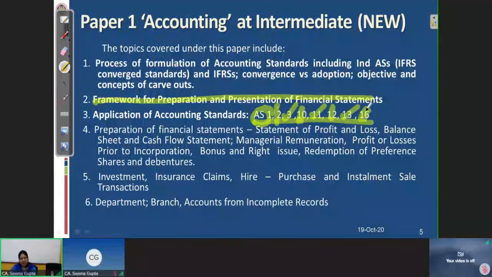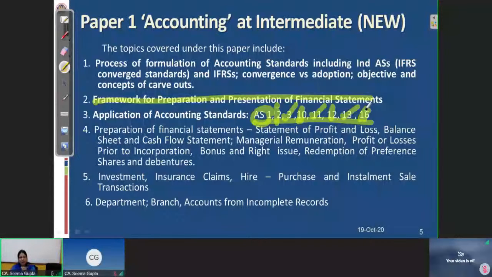Preparation of financial statements, as you know, we have 2 types of entities covered in the paper 1 syllabus, corporate and non-corporate. In corporate accounting we have a complete chapter, and there we have a full-fledged question of 16 or 20 marks from this particular topic, where we may be asked to prepare a statement of P&L, a balance sheet, a cash flow statement. There may be a small question involving managerial remuneration, profit or loss prior to incorporation, bonus, redemption of preference shares and debentures.